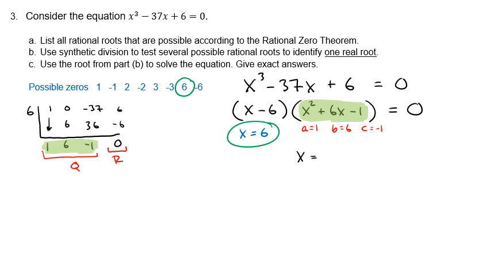X equals negative B plus or minus the square root of B squared minus 4 times A times C, all over 2 times A. 36 minus a negative 4 is going to be 40, divided by 2.